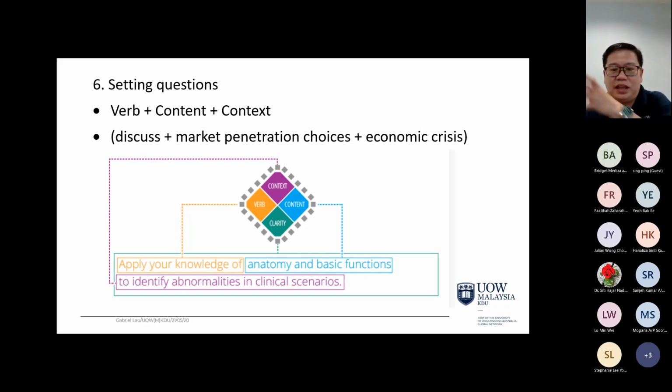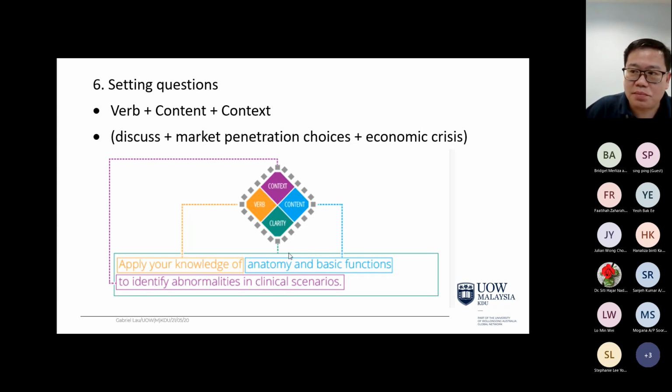Discuss something in what? If you have just "discuss Porter's 5 forces", then that is just a content question. Very low level. There must be the context over there.